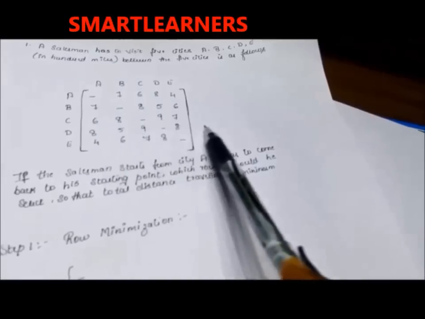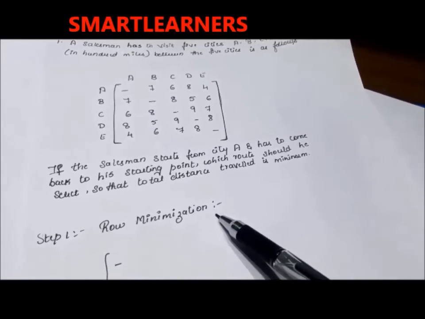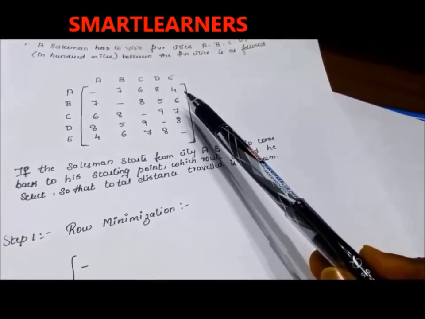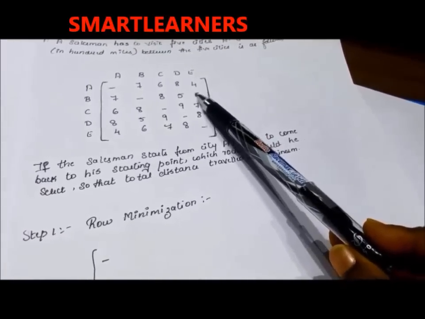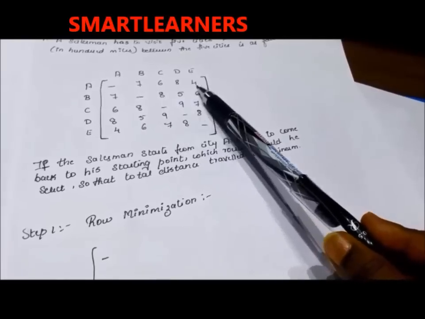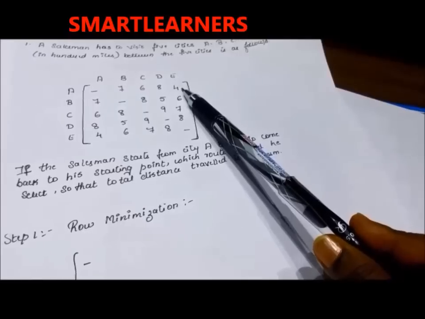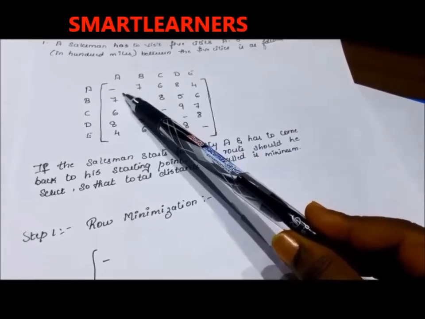So from the previous matrix, we are going to go ahead with the row minimization step. How do we do row minimization? We check each row, select the minimum element in that particular row and subtract that minimum element from every other element present in that row. Example, in the first row, the minimum element is 4. So this will remain as dash or infinity.